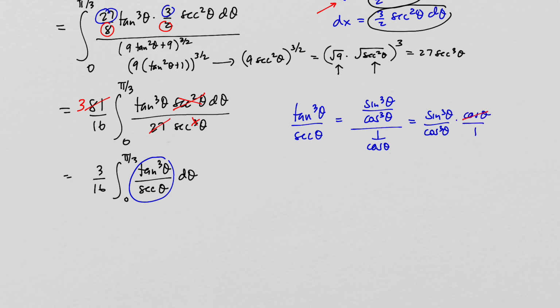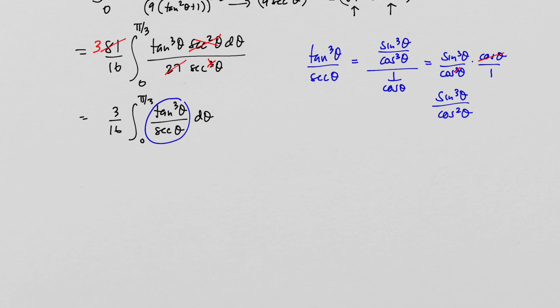And this cosine will cancel out one of those cosines. And so that becomes sine cubed over cosine squared. So let's go ahead and bring that into the integral here. We have 3/16 integral of sine cubed theta over cosine squared theta d theta.